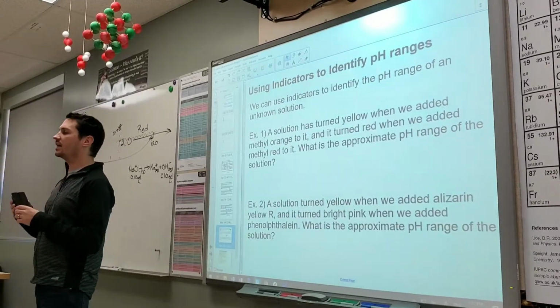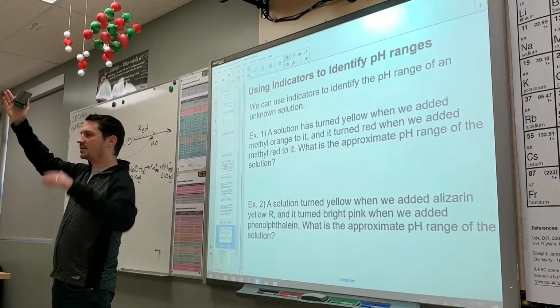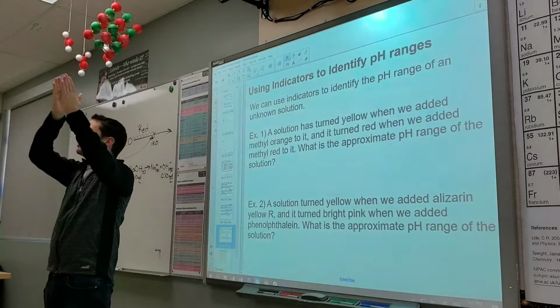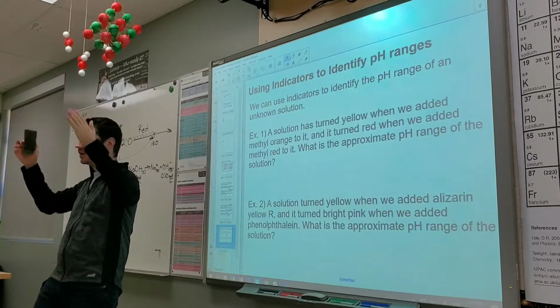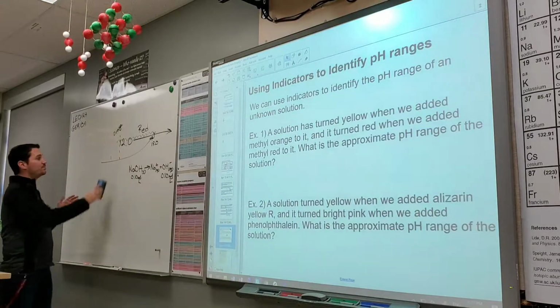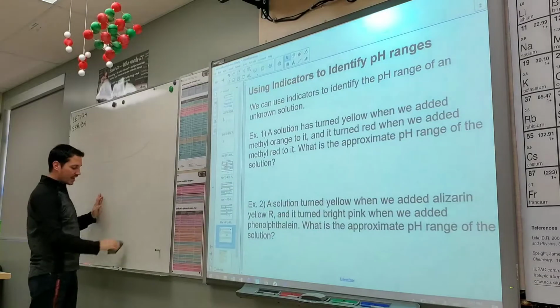And that'll say your pH can't be less than this and it can't be greater than this. So you'll have a very definite pH range that your solution has to be in between. The best way to do this is to create a chart.